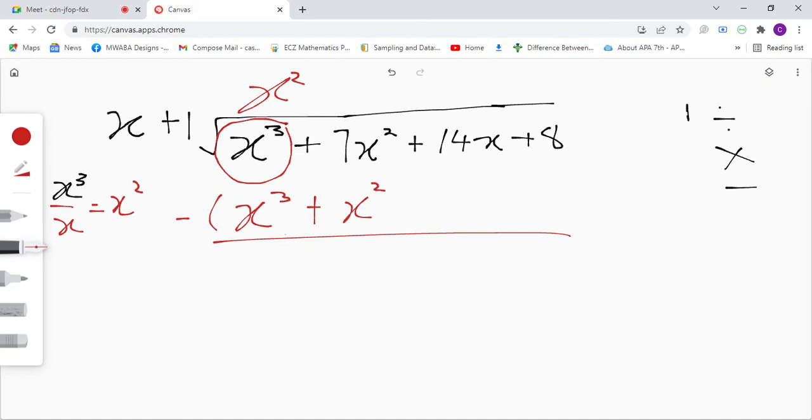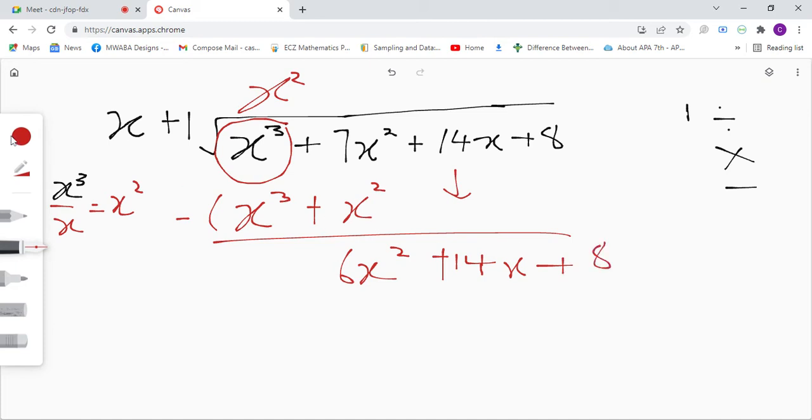X cubed minus x cubed, they cancel each other out. X squared minus x squared, we get 6x squared. 14x minus 0, we get 14x. 8 minus 0, we get 8.